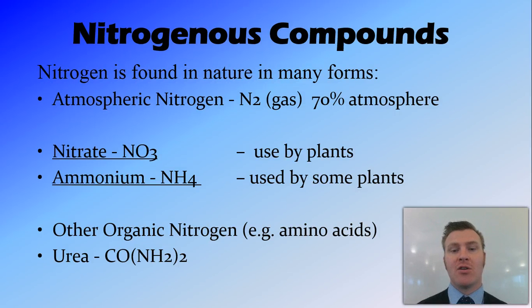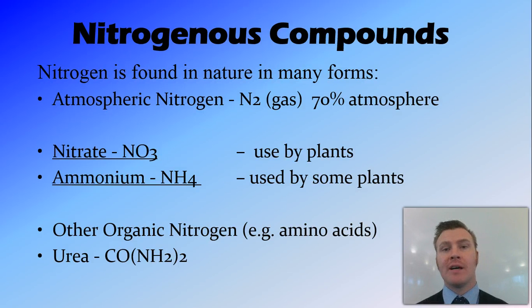It's relatively inert. So that nitrogen needs to be converted into nitrate, which is able to be used by plants, or ammonium, which can be used by some plants. Now, when those plants use that nitrate, they then convert it into other organic nitrogenous compounds, for example, the amino acids or nucleic acids that I mentioned in the previous slide.